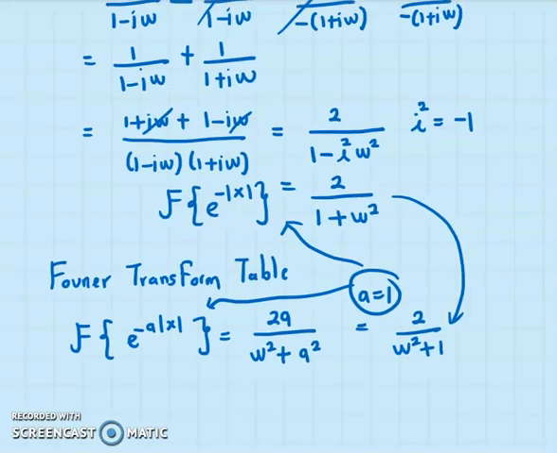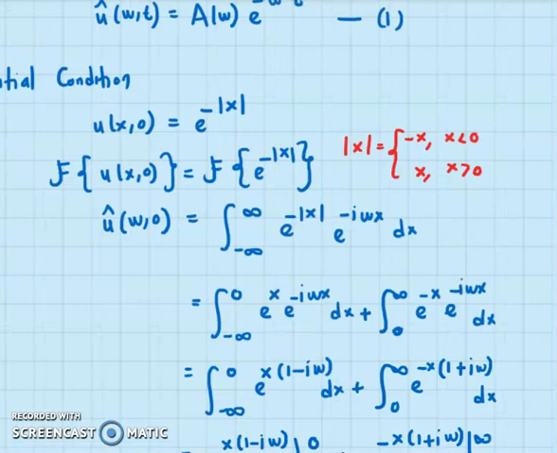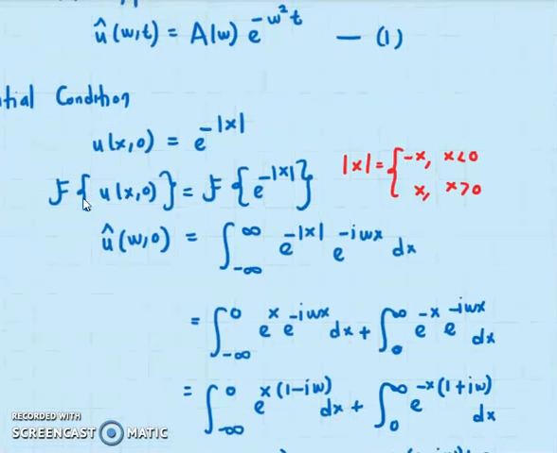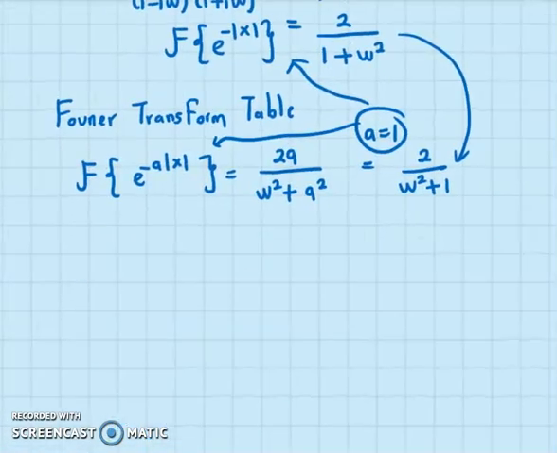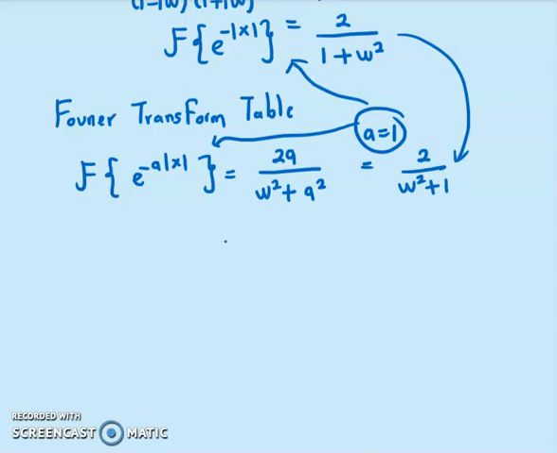Okay, so where are we now? So we have transformed the boundaries, this one. So u hat omega 0 from the boundaries is given by 2 over omega squared plus 1. Now what is equation 1?